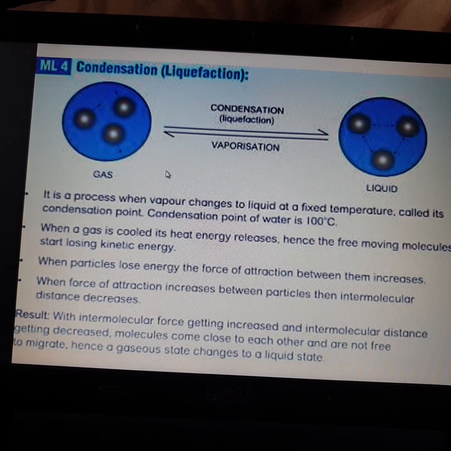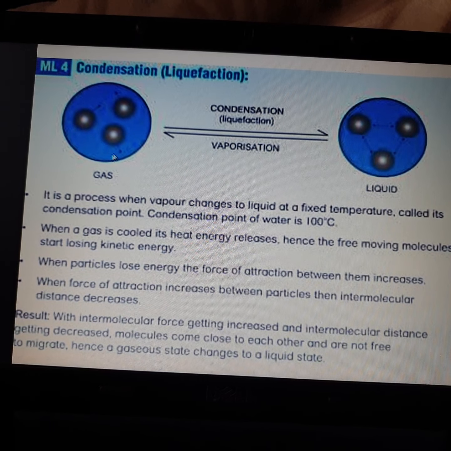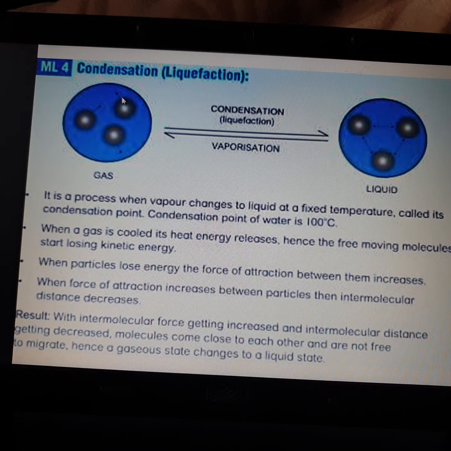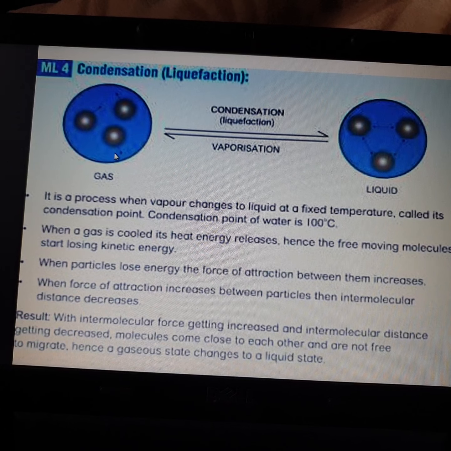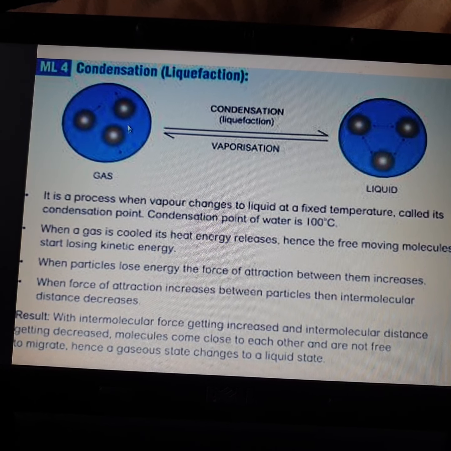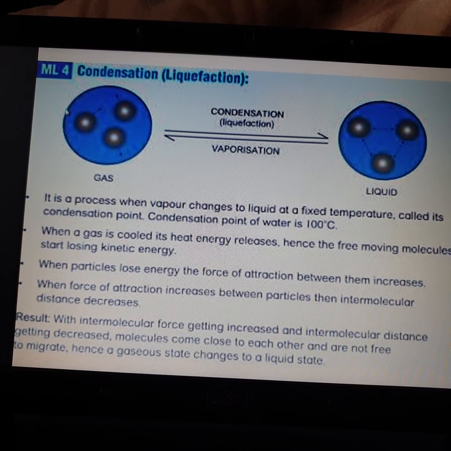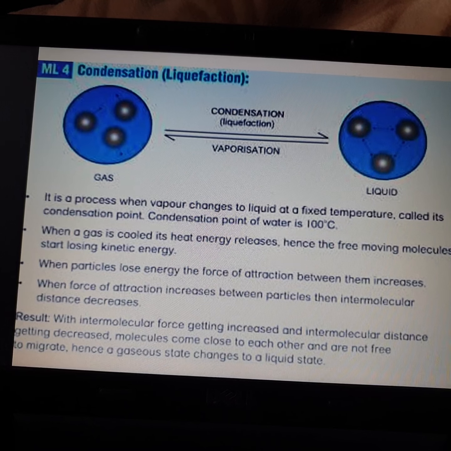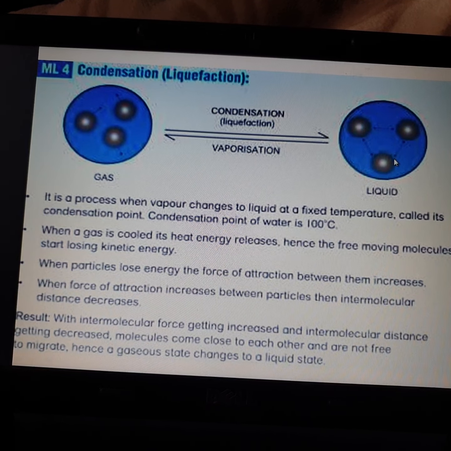As you can see here, these molecules are freely moving. When I am cooling this gas, the heat present here will be released. When heat is released, the force of attraction of these molecules will increase, and the intermolecular distances will decrease. Then it can be converted into liquid.